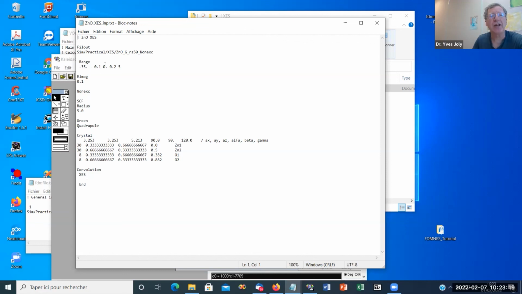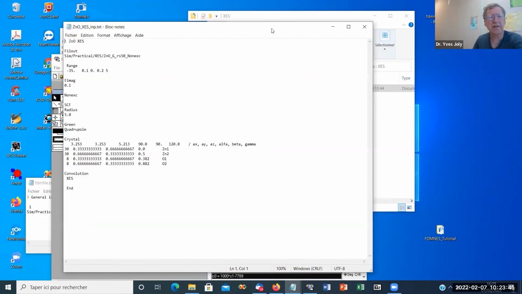And of course, you have to calculate in a range mostly below the Fermi level, because you probe the states below the Fermi level. In that case it was self-consistent, but the remainder is the same. In fact, it's what I showed in the little introduction I did.